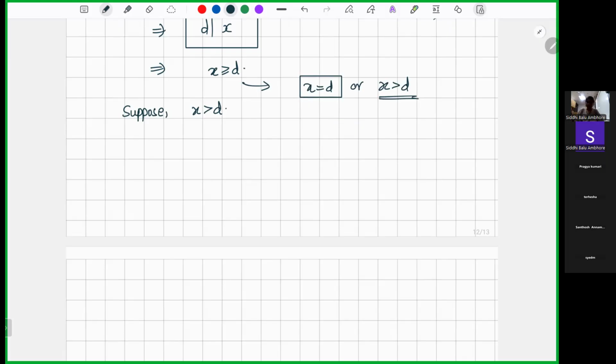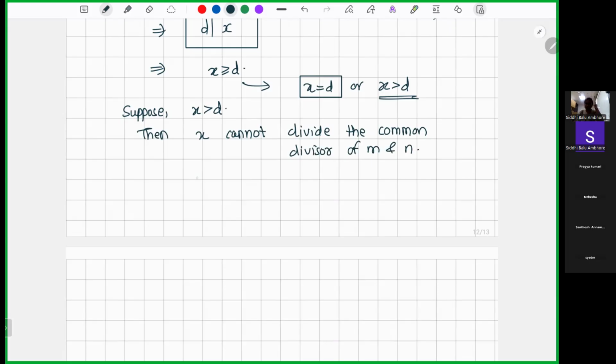Okay. Then note that x cannot divide the common divisor of m and n.